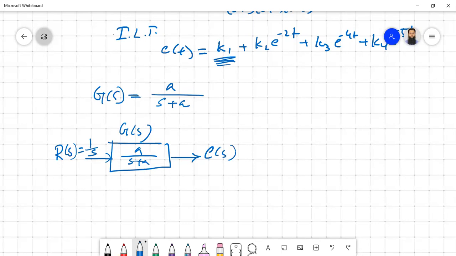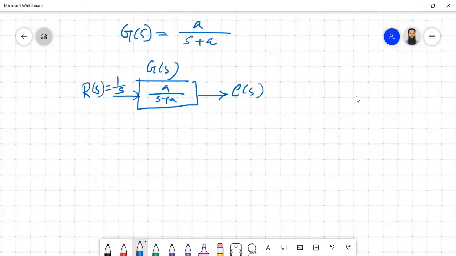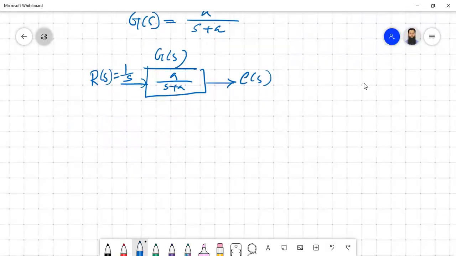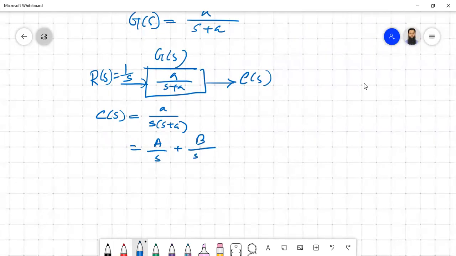Now if you try to find the solution, let me write it quickly because we are already very familiar with how to deal with this. C(s) equals a by s(s plus a). Now you have to go for the partial fraction: A by s plus B by (s plus a).